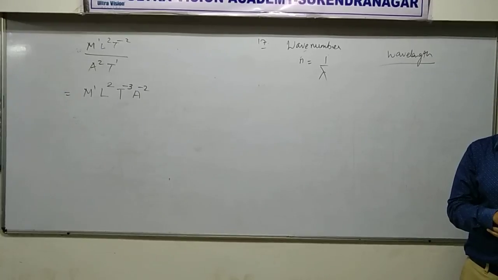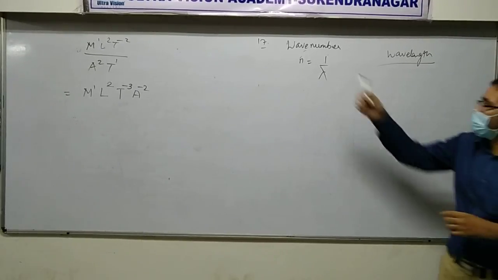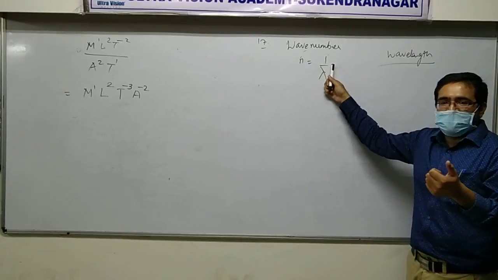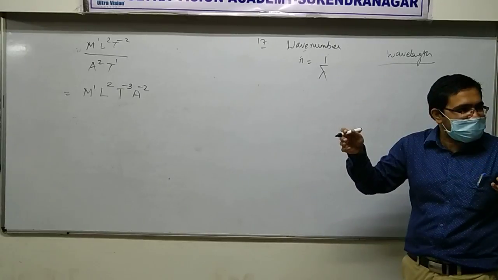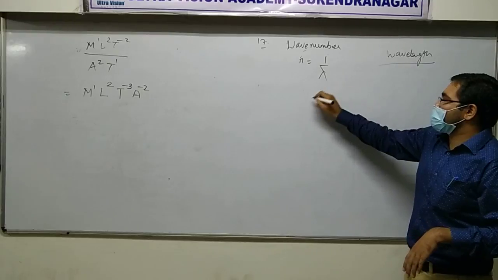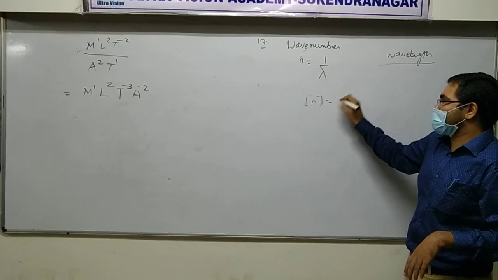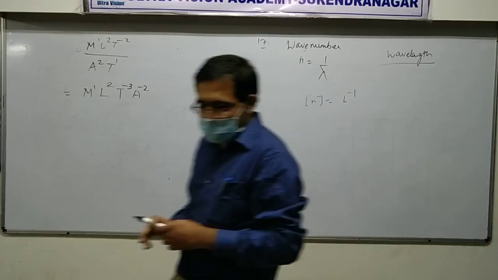What's the answer? L raised to minus 1. Yes or no? Sure. 1 is a number, has no dimension. Wavelength has dimensions of length. Obviously, it's a length. Clear? So final answer will be dimensions of n or wave number are L raised to minus 1. Everything else is 0. Okay, let's go to the next one.